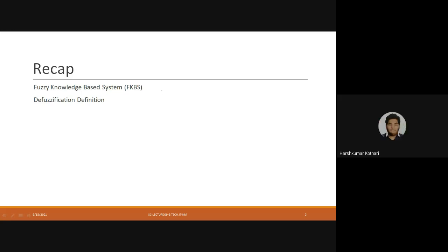The crisp input comes into the system, which is the first block, normalization. Right. After that, fuzzification. So, these are the steps actually.